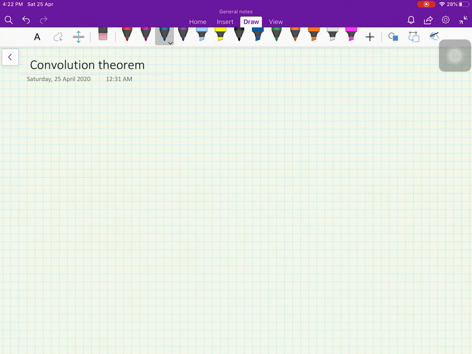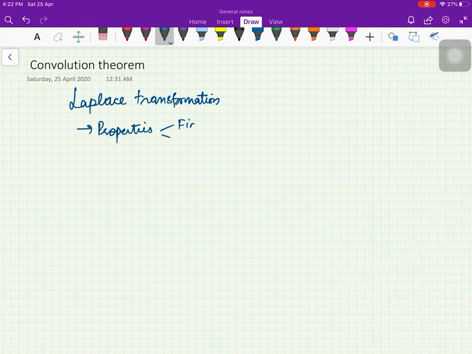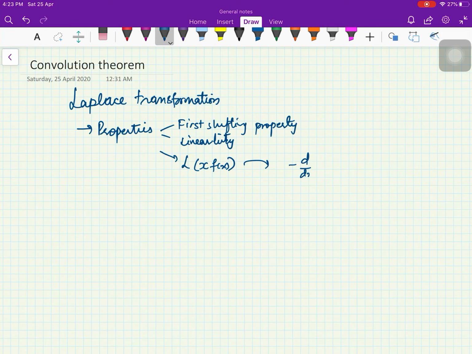So I'll just revise what we have done in Laplace transformation till now. We had the definition of Laplace transformation, then we had some properties of Laplace transformation. To name them, we had the first shifting property, the linearity property, and what happens if you multiply with x on the left hand side: the Laplace transform of x f of x is, on the right hand side, minus d by ds of F of s.